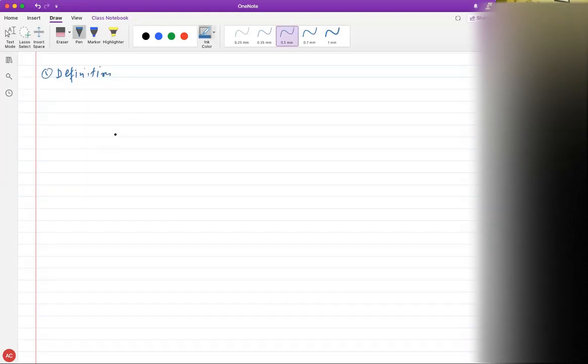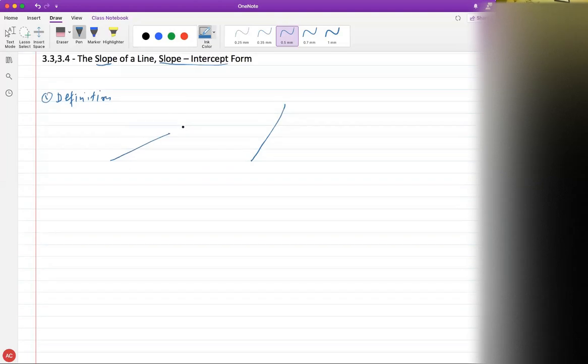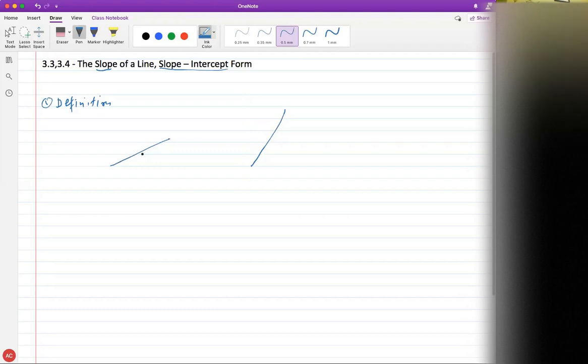So slope is basically when you have two lines, for example, this line and another line like that. We notice that one line, this one, is steeper than the other. This one is more slanted, it goes up quicker, and is closer to the vertical y-axis as opposed to this one.